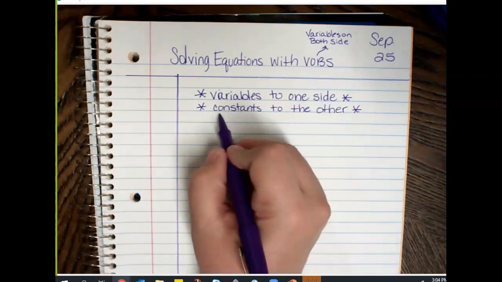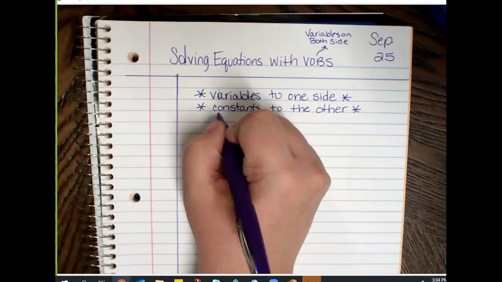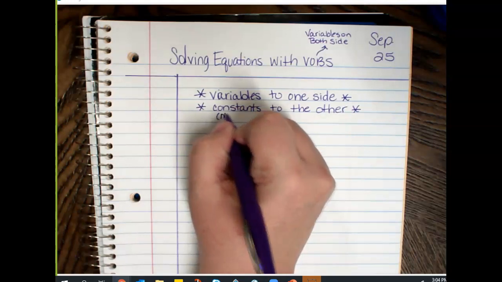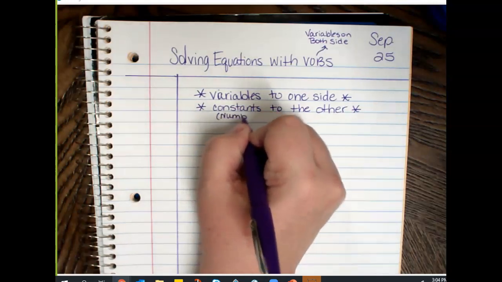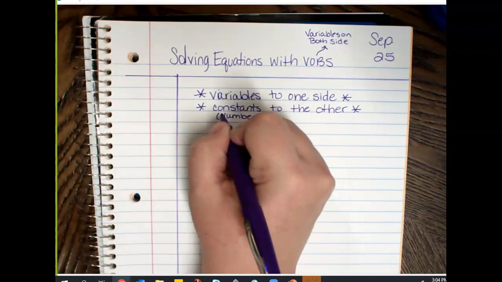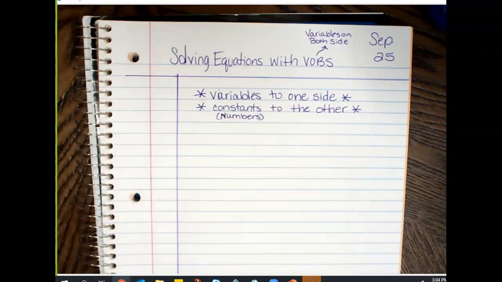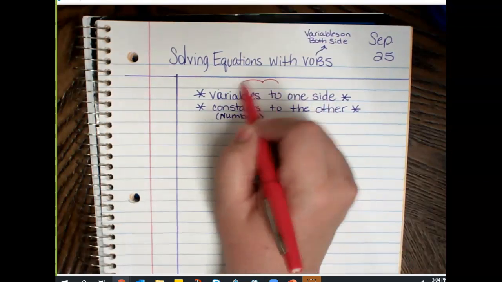And if you remember, constants is just the vocabulary term for a plain old number. Constants are our numbers. Variables are usually our letters. So we want variables to one side, constants to the other.